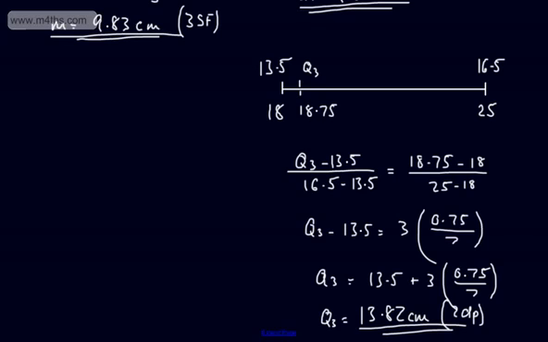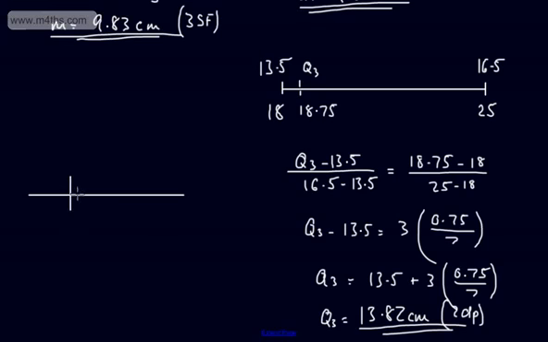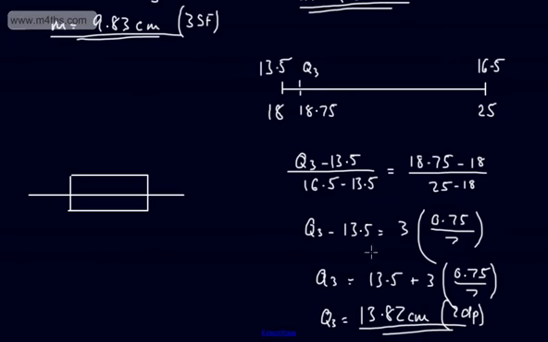If you wanted to display this as a box plot, let's just look at the middle section of this, we could put on these values. Let's just draw up a box plot, not massively accurate, but it'll give you some idea of the estimated values. We got 4.85 for Q1, 13.82 and 9.83.